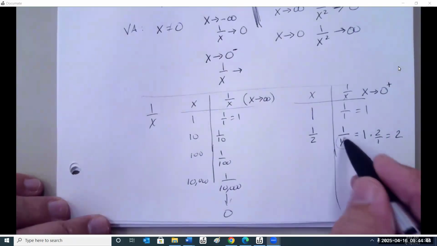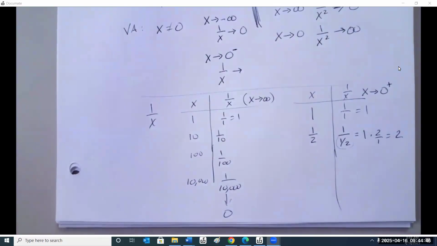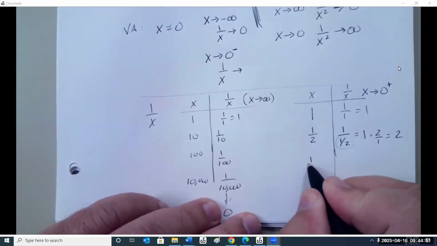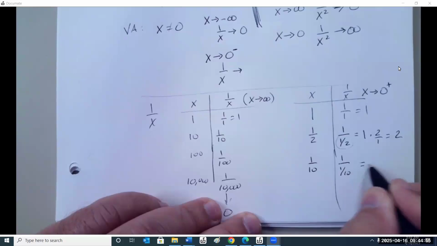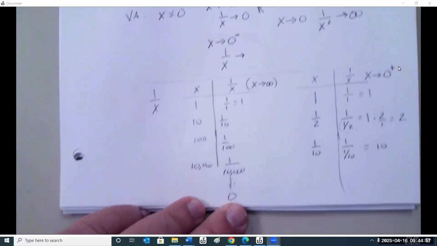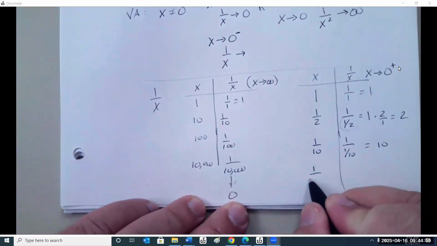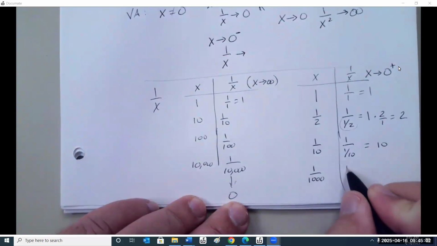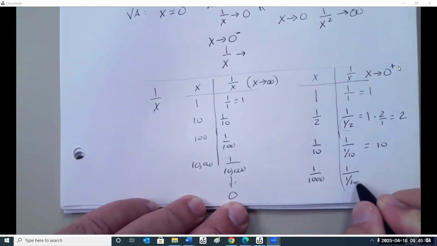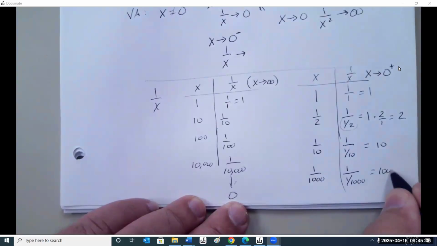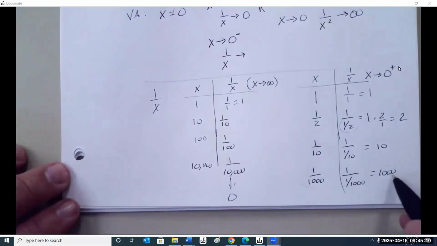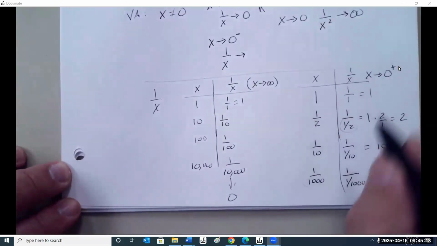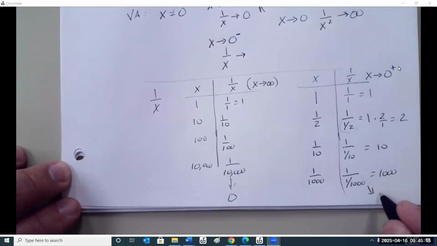If you take 1 and cut it in half, how many of those do you have? You have 2 pieces. When x is 1/10, what is 1 over 1/10? 10. When x is 1/1000, what is 1 over 1/1000? So the smaller this number becomes, the bigger this one becomes. So this one goes to infinity.